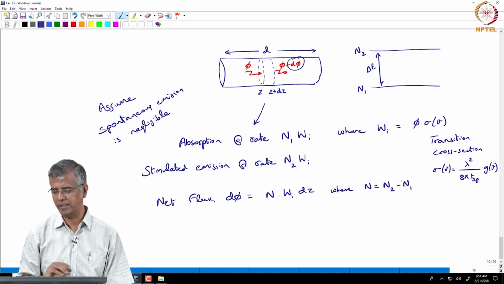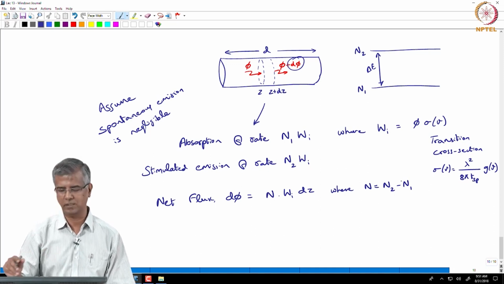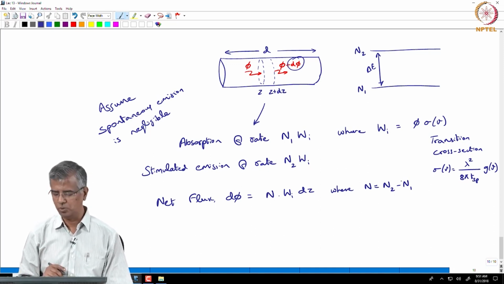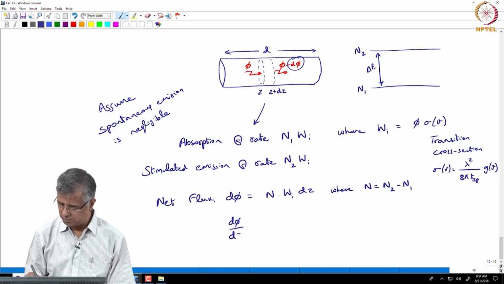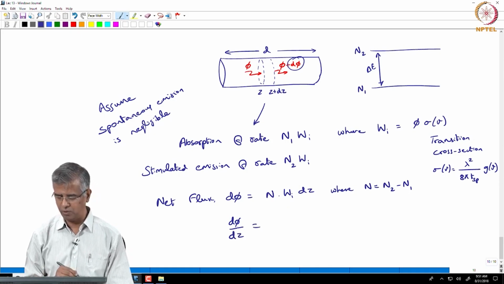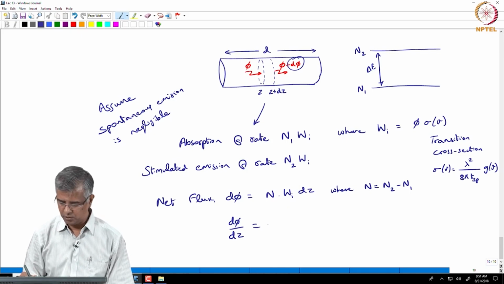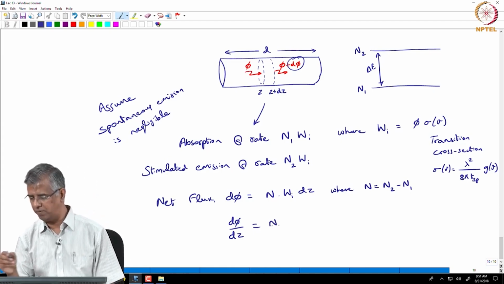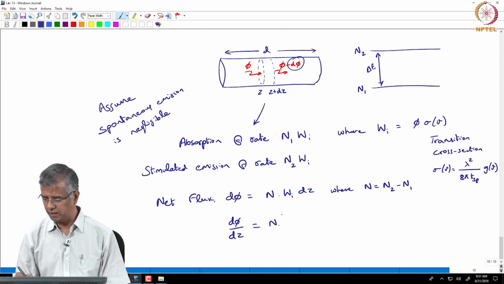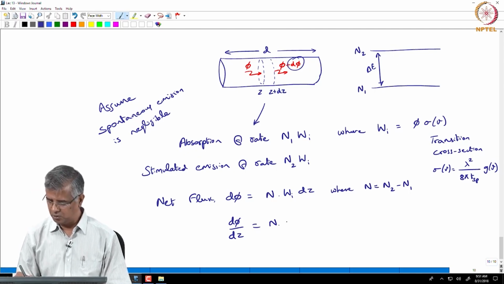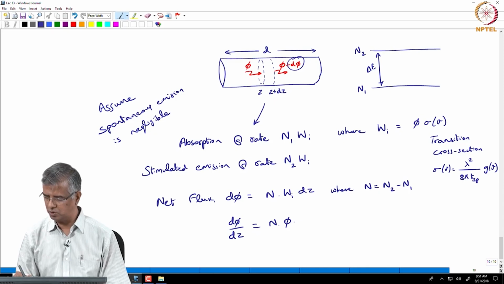We are not considering that, we are just considering the transition between these two. So, you can rearrange terms and you can say d phi over dz will correspond to N times Wi, but now Wi I will actually write out.